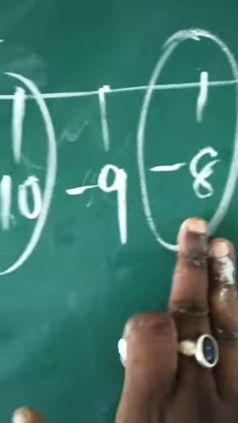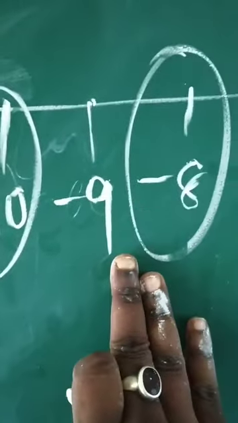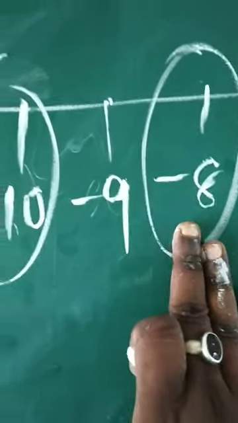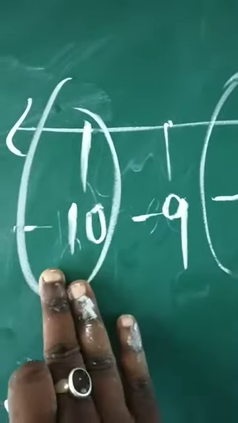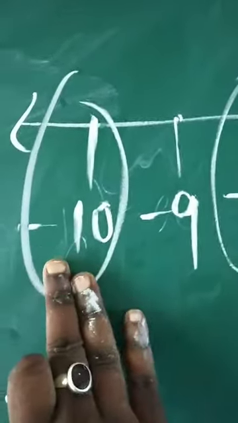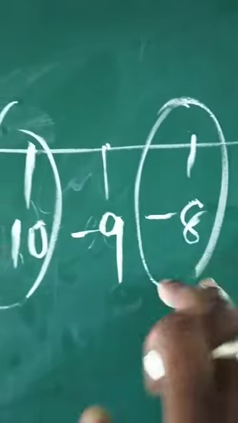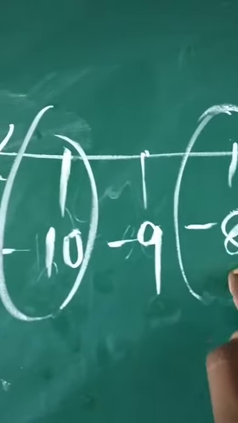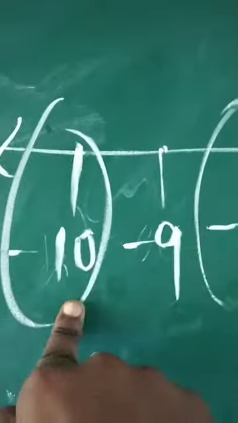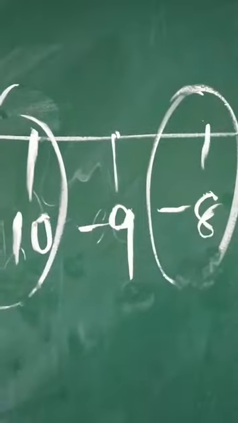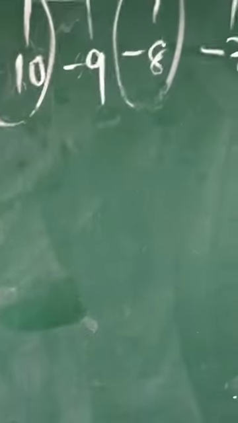Yes, -8 is on the right hand side of -10. -10 is on the left hand side and -8 is on the right hand side. So -8 is to the right of -10 and -10 is to the left of -8. So the first statement is absolutely correct.